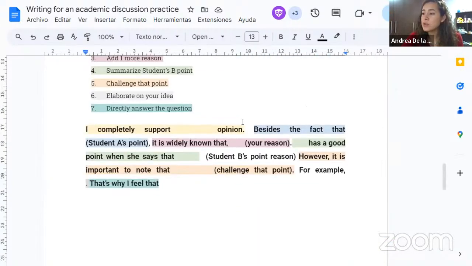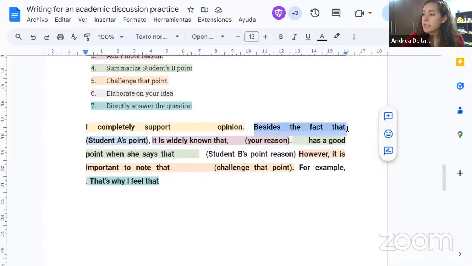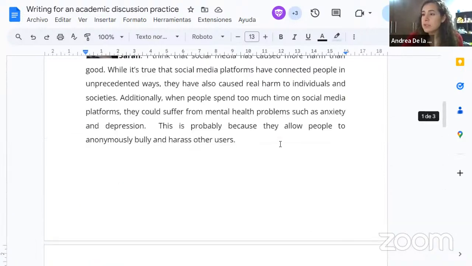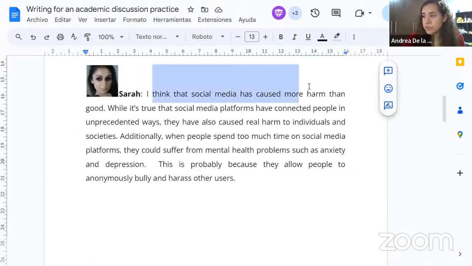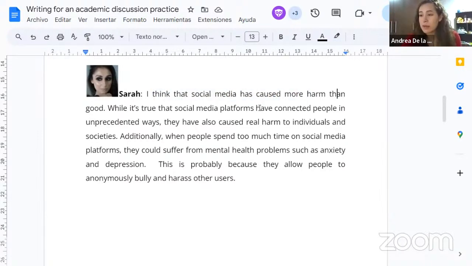But what you need to do here in this second part is talk about your student's reason, not opinion. So in this case, you need to ask yourself why. Yes, Sarah says that social media has caused more harm than good, but you need to look for the idea of why. Her main reason, her main point, would be that some people are suffering from mental health problems because of social media.